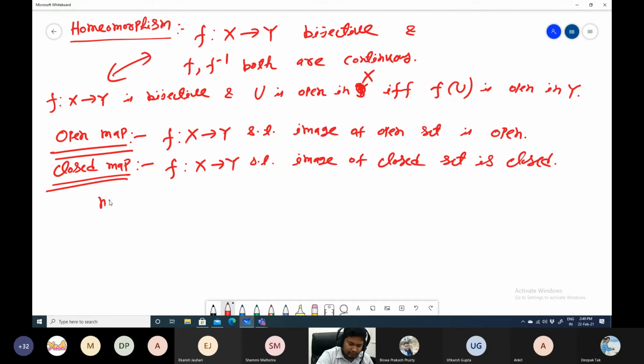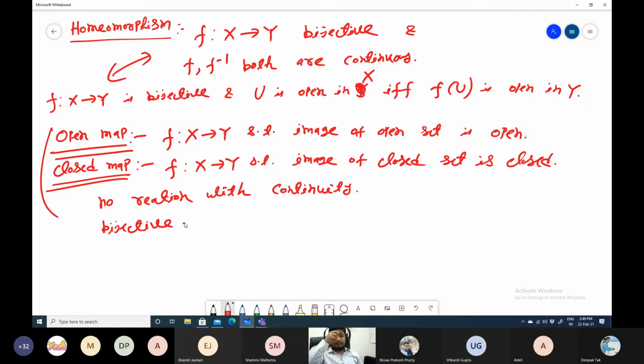Again, there is no relation with continuity, and these may not be bijective.